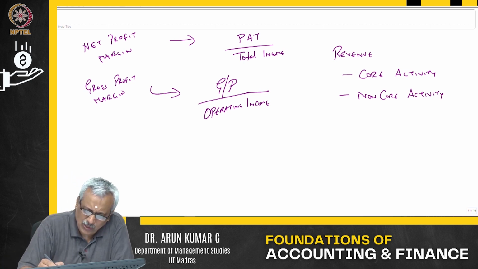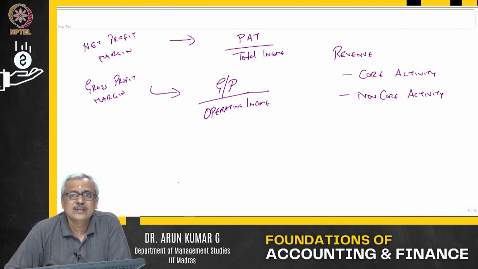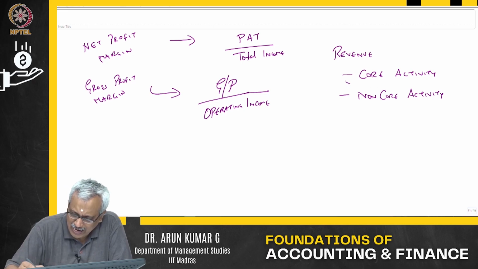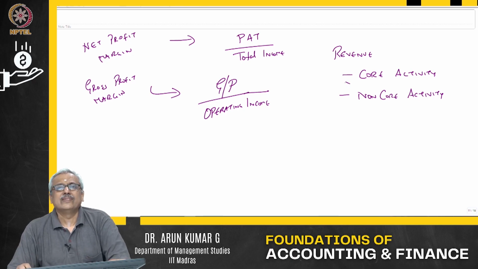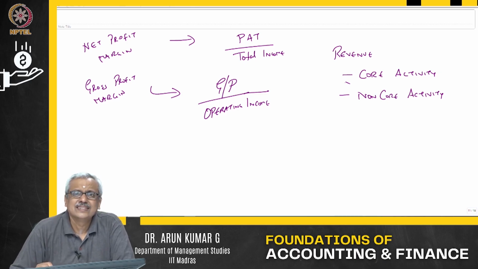Now, when I say total income, it includes both revenue from core and non-core. When I say operating income, I am talking only about the core activity, because the profit after tax will include all the profit that you have derived from the non-core activity also.